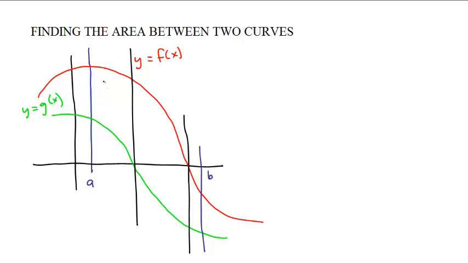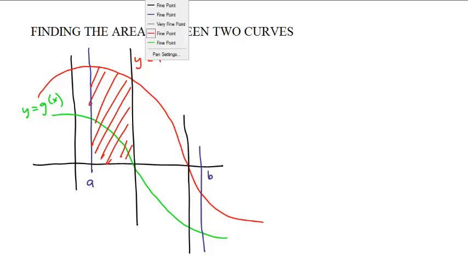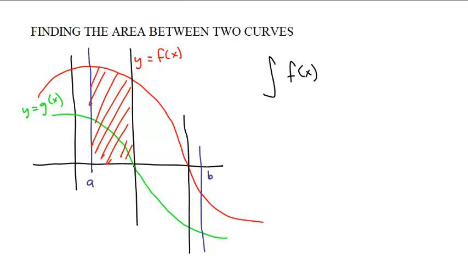If you are above the x-axis, what is this area? This red area is the integral of f of x from, let's say, a to a1, the integral from a to a1 of f of x dx.